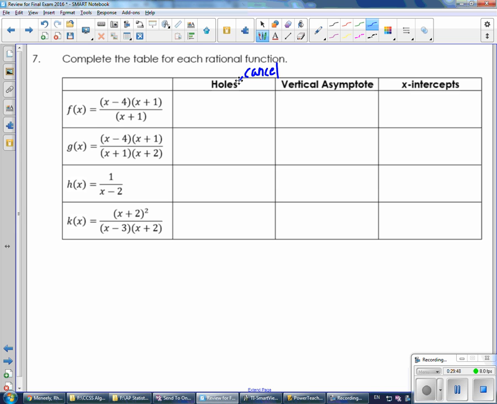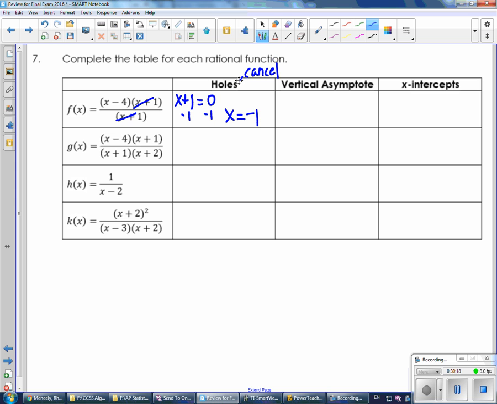And so if I take a look at my first one, x plus 1 on the numerator and denominator both cancel. So what I do is I say, if we let x plus 1 equal 0 and solve for x, that tells me that x equals negative 1 is a hole.